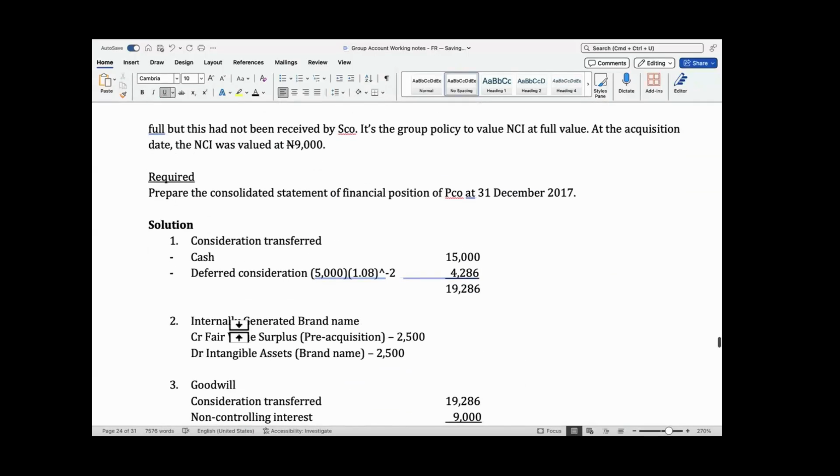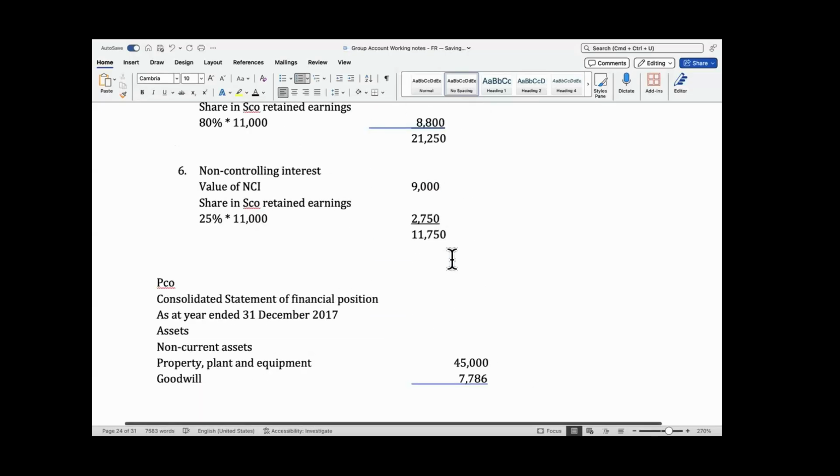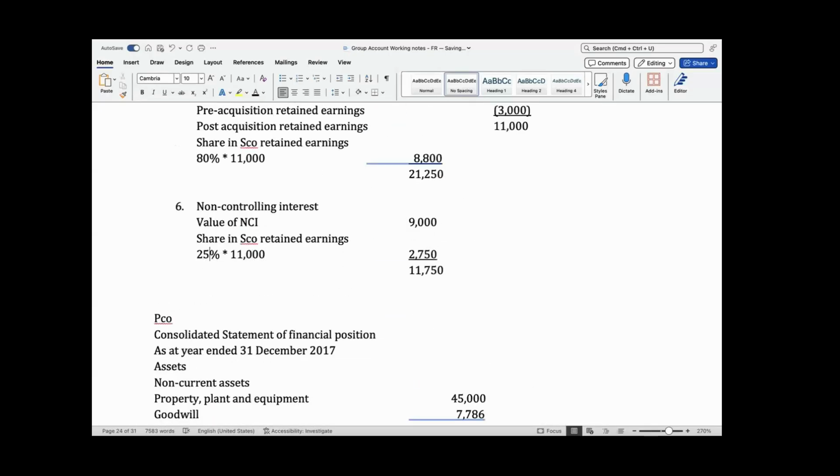That should be 8,800. So where will I show that? Let me say percentage acquired in Escrow. That's 10,000 divided by 12,500, and that gives 80%. So that means this will be 20%.